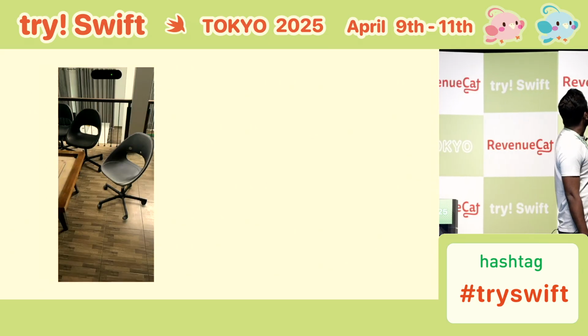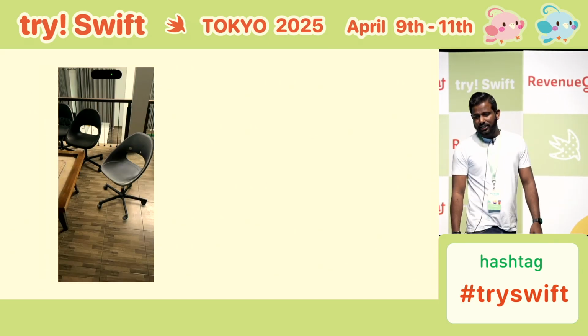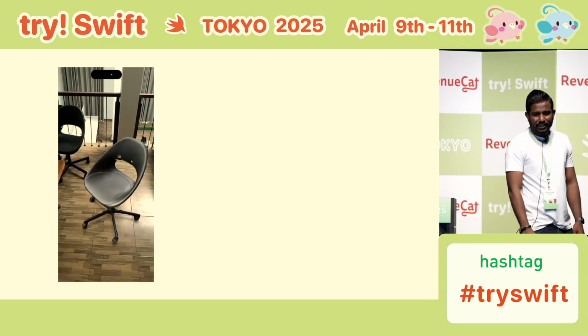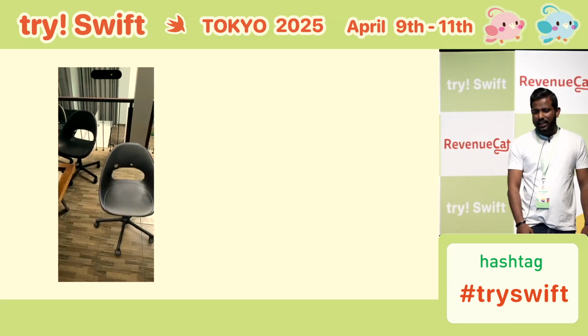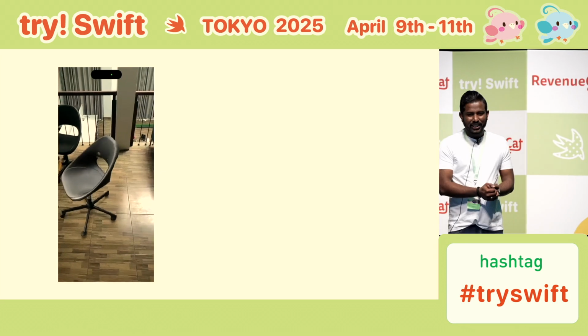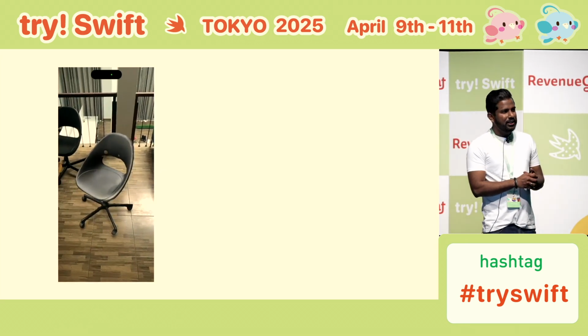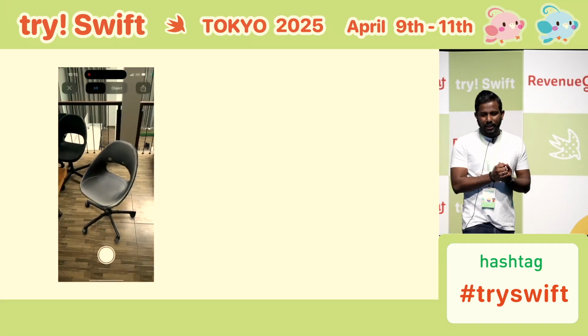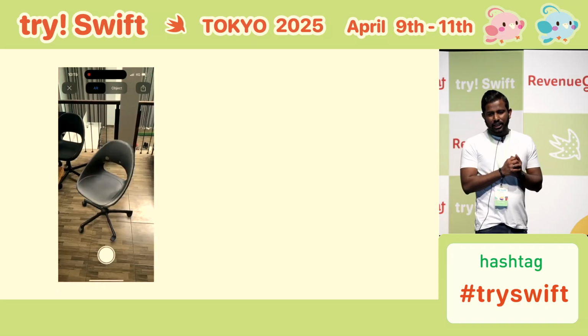So this is a couple of chairs in my office that I created. But if you look, one chair is not real. The other chairs are the real ones, but this one is not, because I captured it using the Object Capture API and exported it into a USDZ file.